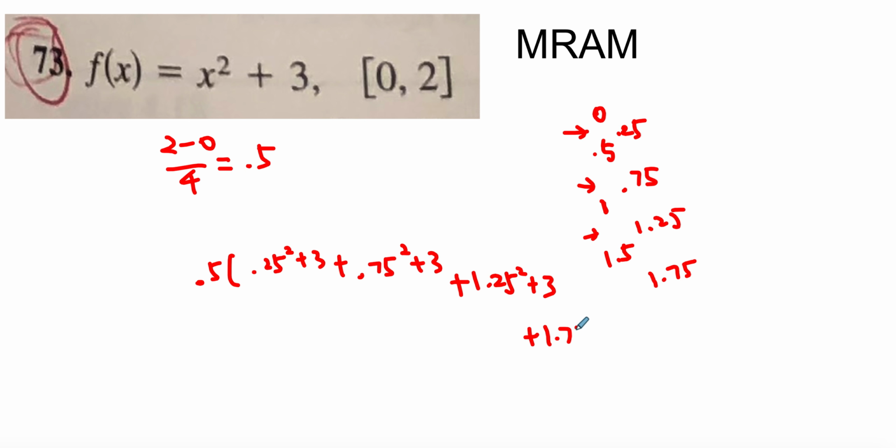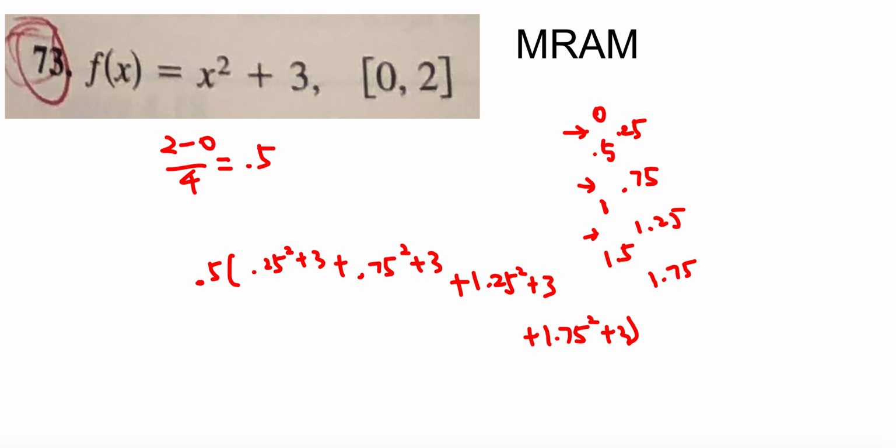Lastly, 1.75 squared plus 3. All right, when you add them up, it becomes basically MRAM, the midpoint rectangular approximation method. All right, see you later.